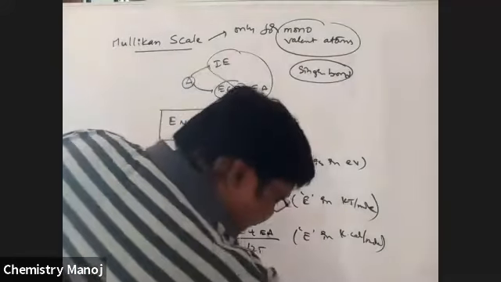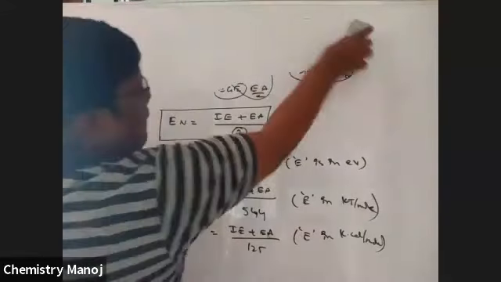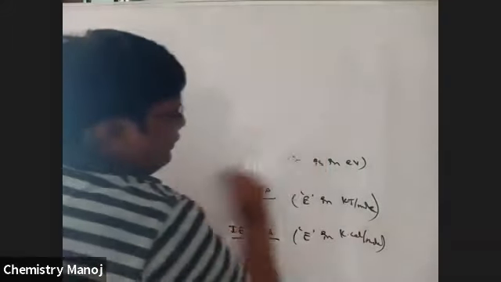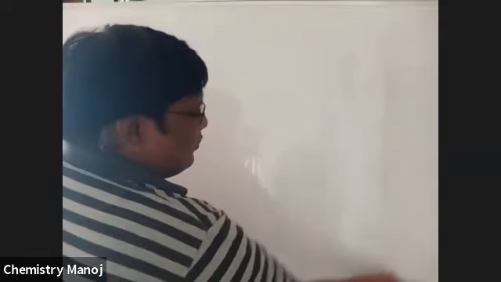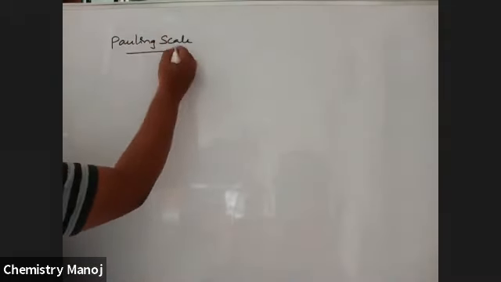Another scale is the Pauling scale. It is important, please listen carefully. A little explanation is needed here.